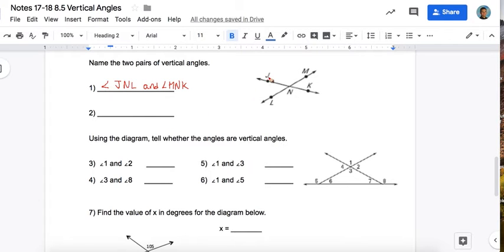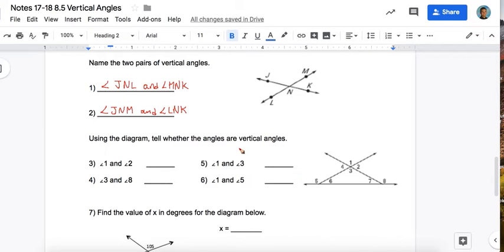And then, of course, we have angle JNM, and down here, we have angle LNK.